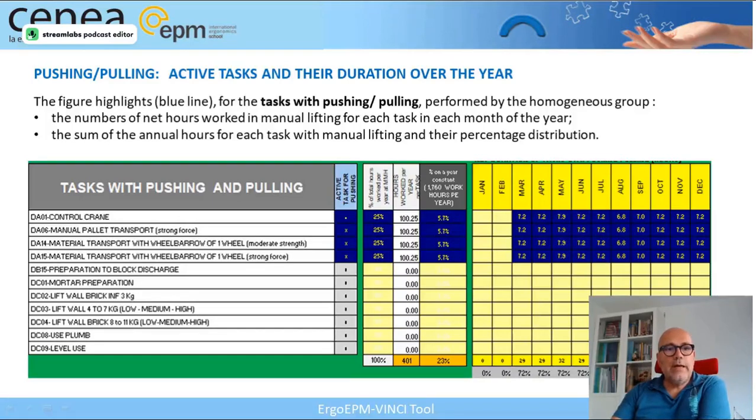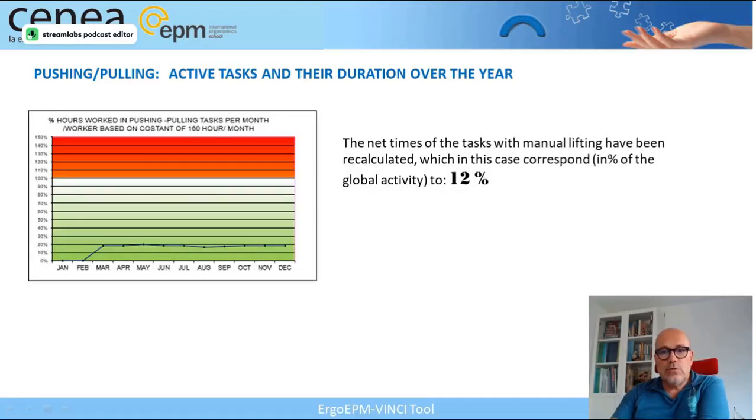What's going on for push and pull manual traction of loads? When they are transporting materials, mainly with forklifts, that is when they are doing this type of labor demand. Obviously it is not during all tasks and therefore it only represents 12% of the time.